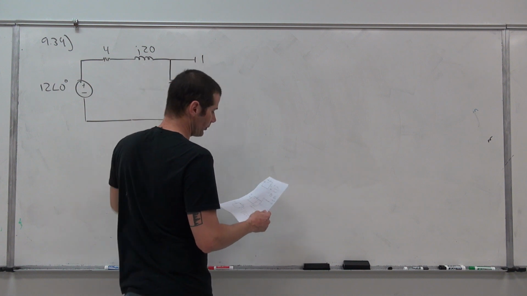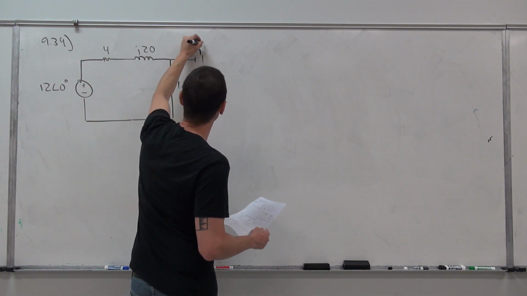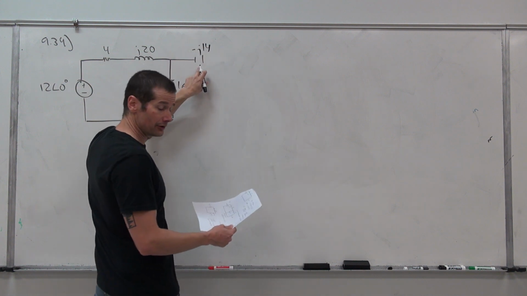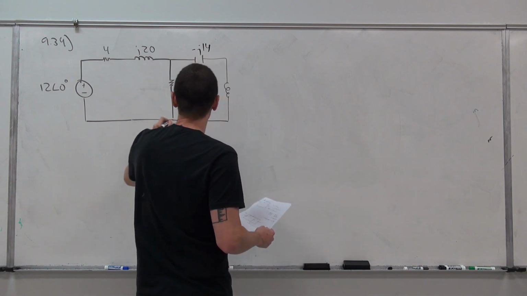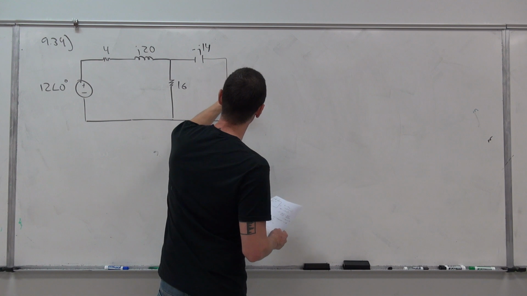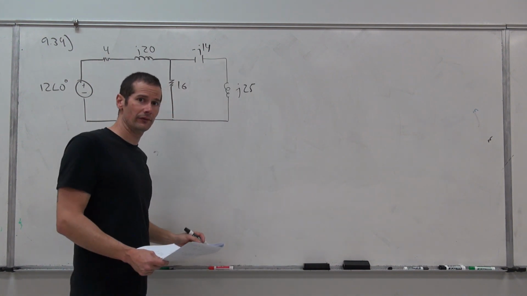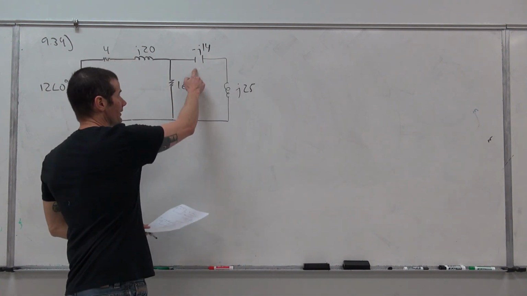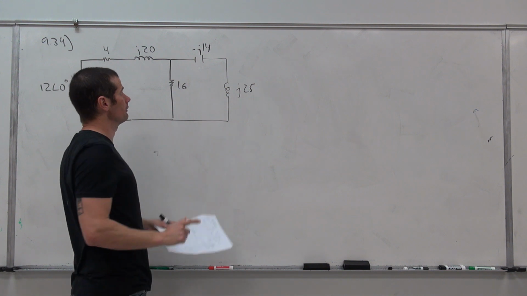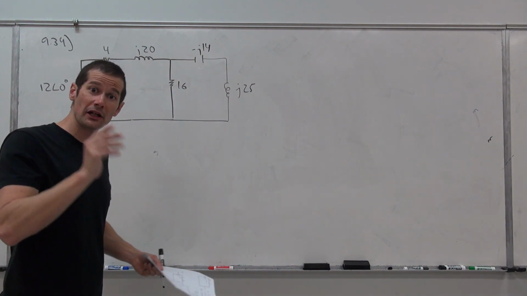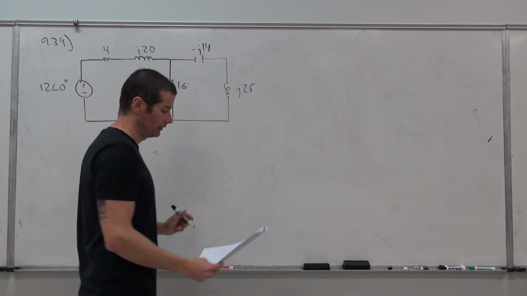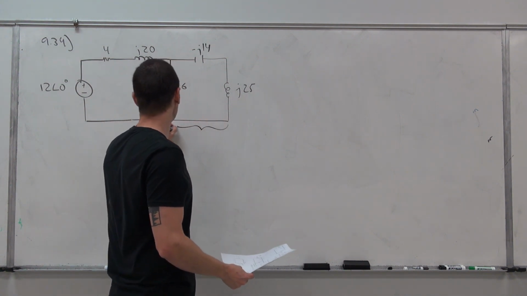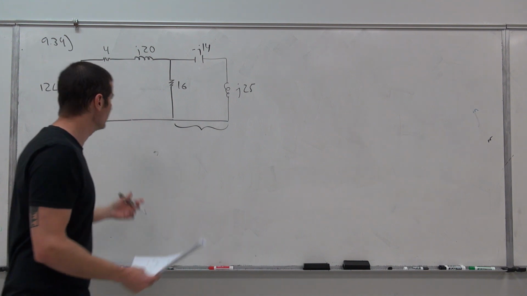And then a parallel branch containing negative J14 for the capacitor, and also a series inductor of J25. So considering the series relationship of these two, that would be negative 14 plus J25. And that's actually in parallel with 16 ohms. So if we consider these two, we can get our equivalents here.